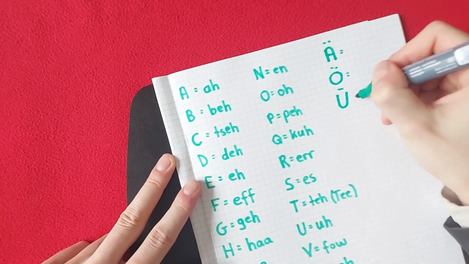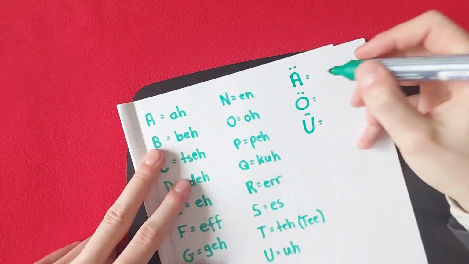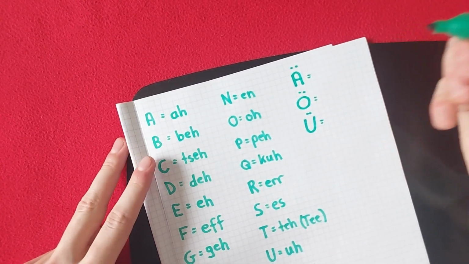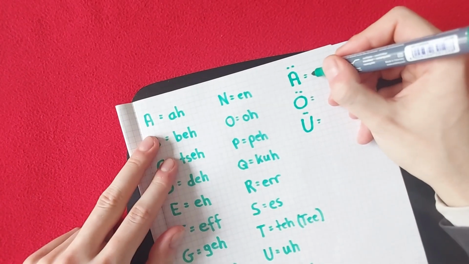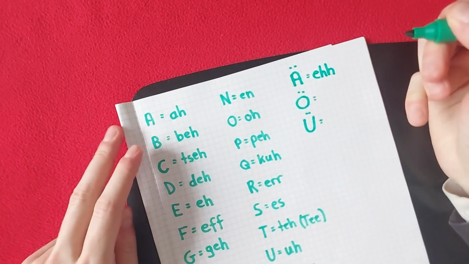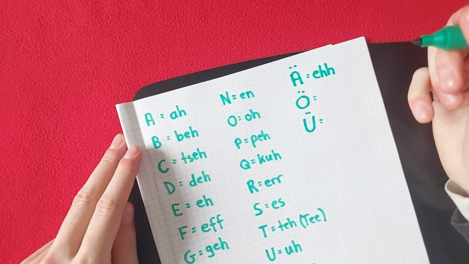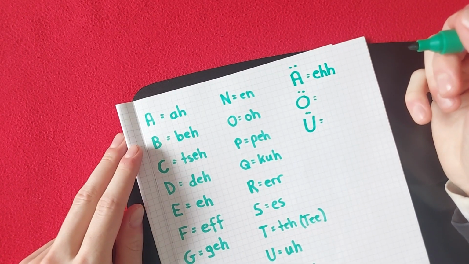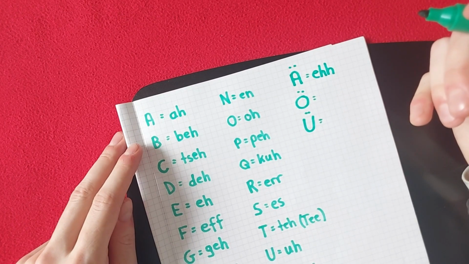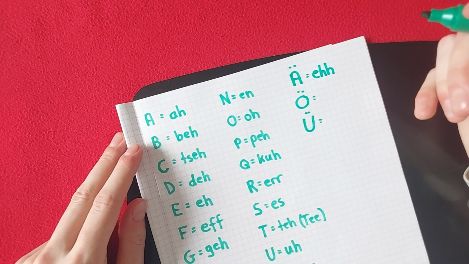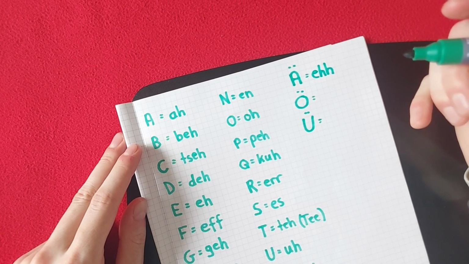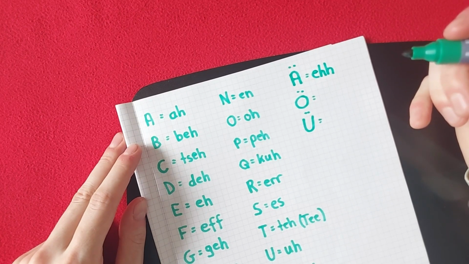And if you pronounce them, it is a bit like maybe with two H. Eh, eh, eh, eh. Maybe you can pick it up by how I am saying it. Eh, eh, eh, eh.